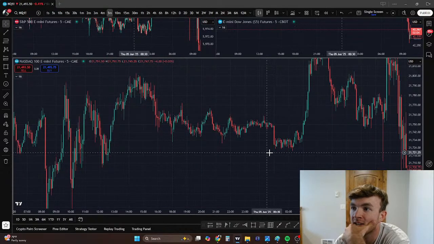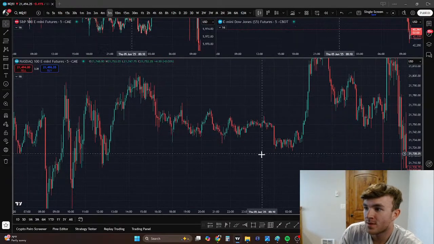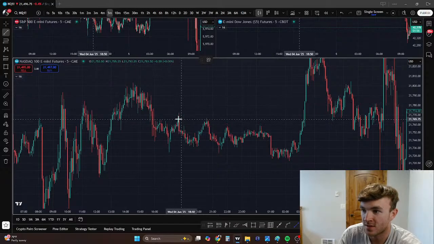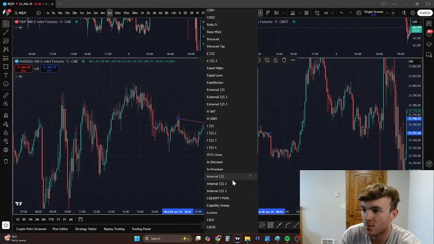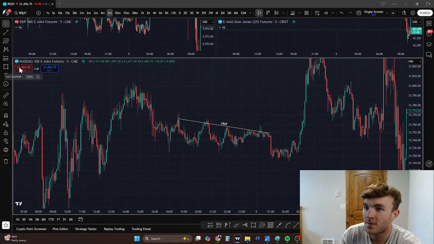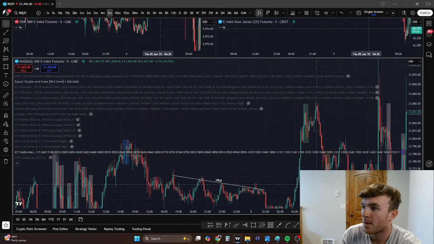And with SMT too, dude. You don't get a better trade than this, guys. I genuinely think this is one of the best trades I've ever seen. Whoa. And I wonder if it was in the macro.